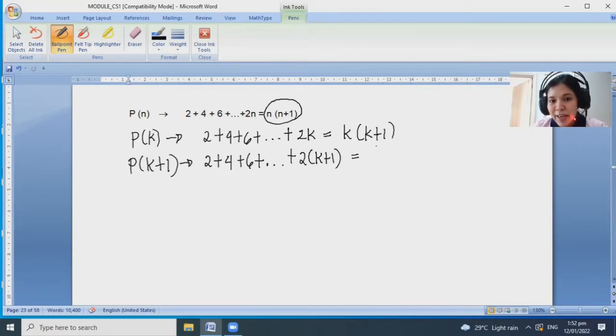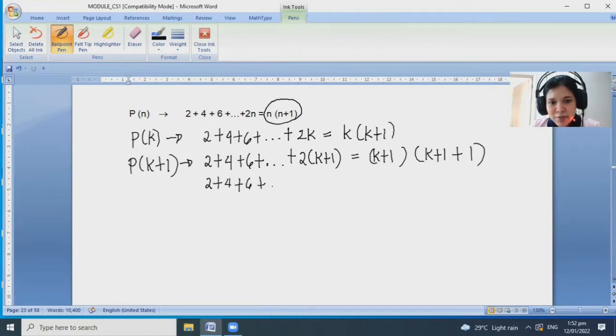So we have n first, then n plus 1, and the n becomes k plus 1, then k plus 1. As you combine all together, our P of k plus 1 should be true. So let's write again, 2 plus 4 plus 6, plus and so on and so forth.